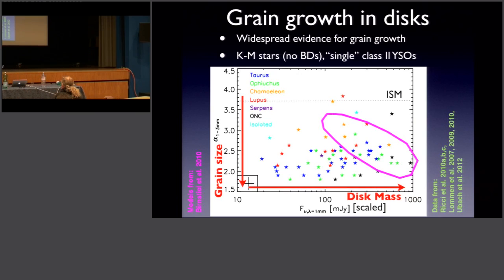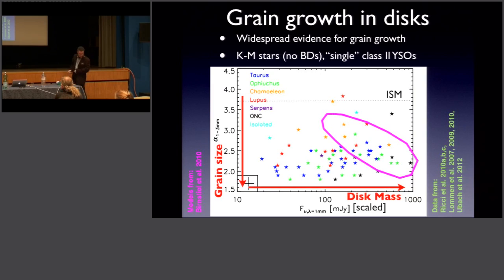If you compute how large they might be, they have to be larger than the observing wavelengths. Here we are comparing 1 to 3 millimeters. This means that the grains in these systems have sizes of the order of 3 millimeters or more, roughly speaking, as an average. For the maximum grain size, obviously you have a distribution of grain sizes, but the largest particles have grown to these sizes.